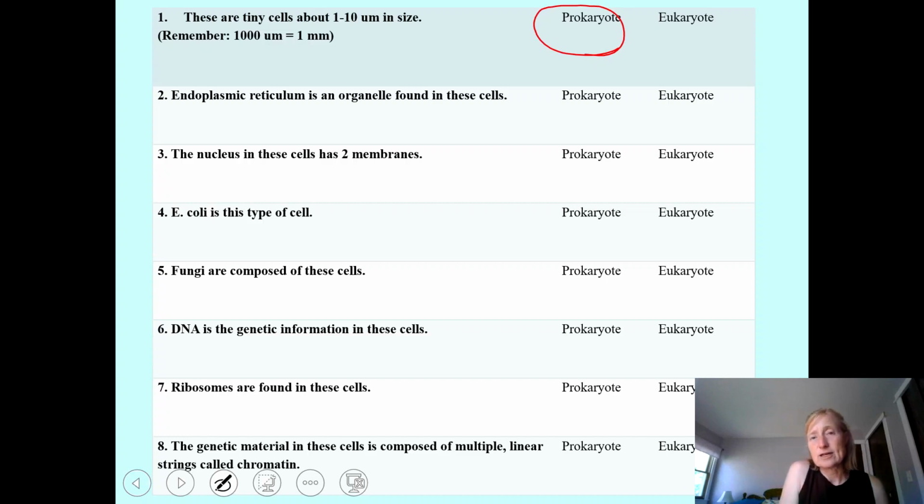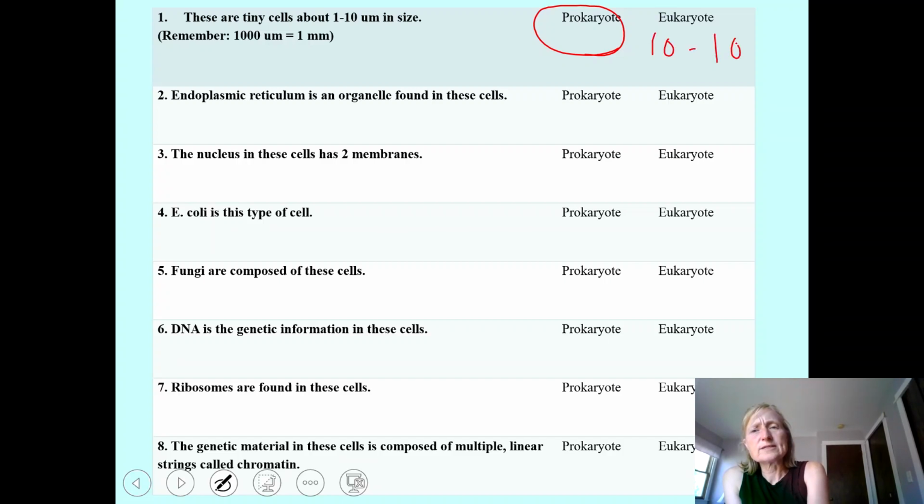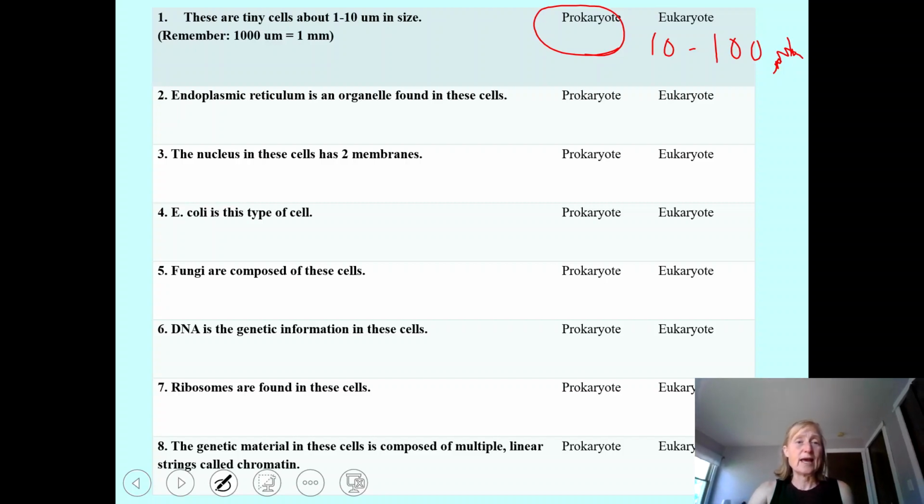These prokaryote cells are 1 to 10 micrometers on average. Eukaryote cells are cells that range on average from 10 to 100 micrometers. That is micrometers. Much larger on average. All right, how about number 2?